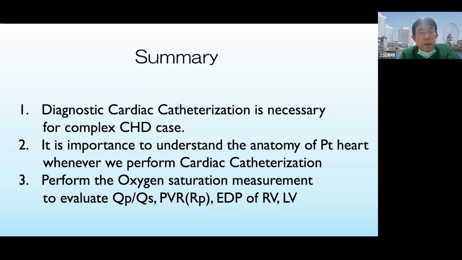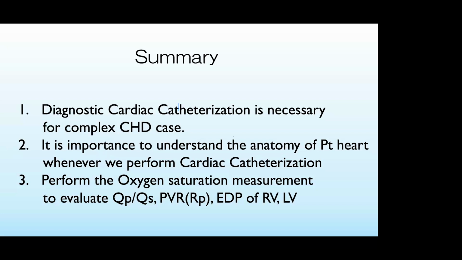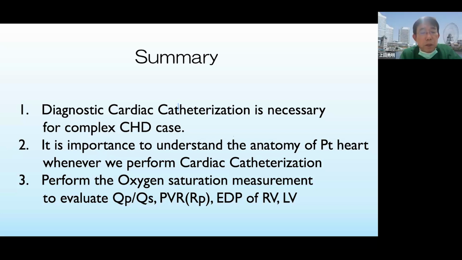For example, if you are not sure that the QpQs is around maybe 1.5 for ASD cases, in some cases we will perform only a diagnostic catheterization to check the pulmonary vascular resistance. In some cases, the pulmonary vascular resistance will be above 10 or maybe 15.